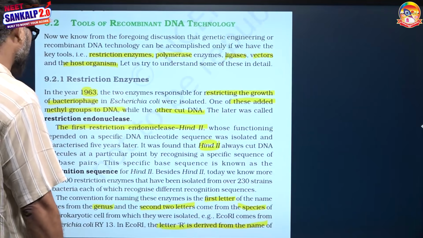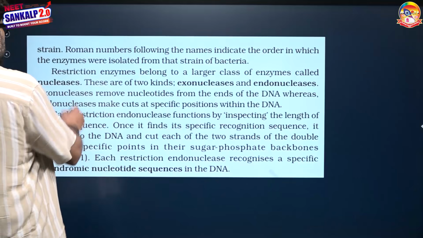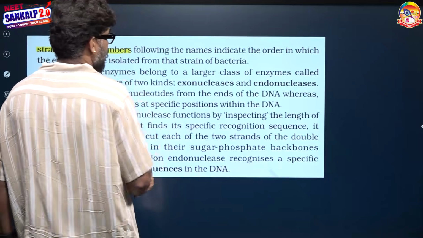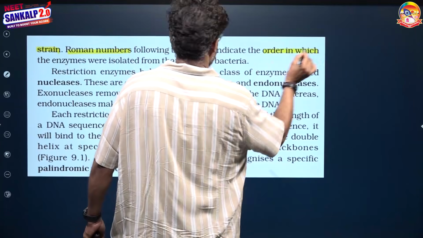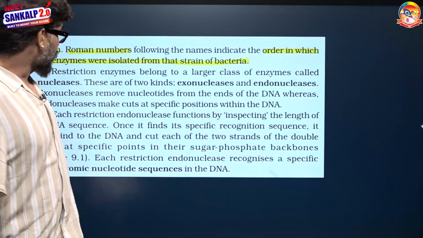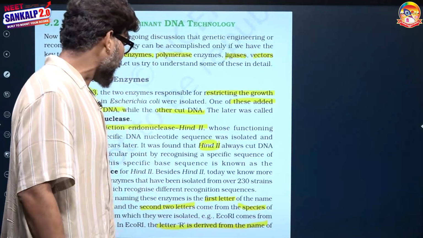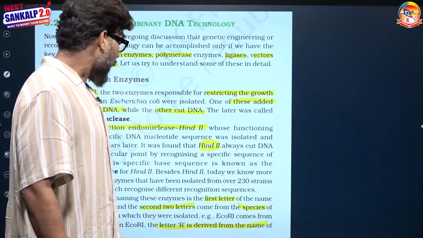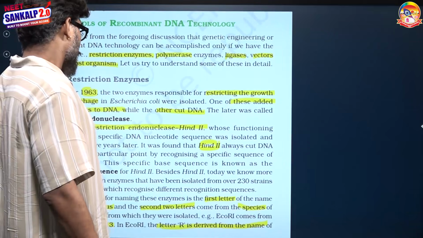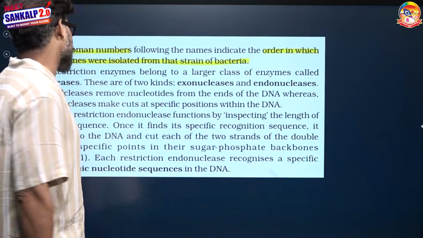For example, in EcoRI, R is derived from the strain RY13, and the Roman numeral represents the order in which the enzyme was isolated from that strain of bacteria. So once again, in EcoRI, E stands for Escherichia, co stands for coli, R stands for RY13, the name of the strain, and the Roman numeral I indicates that it was the first enzyme isolated from this strain.